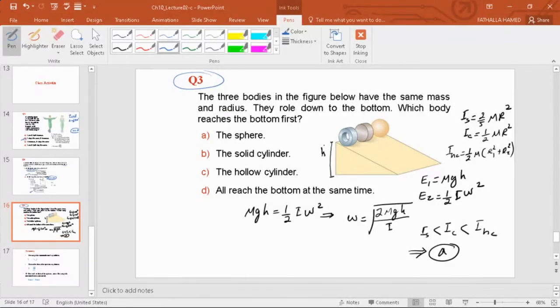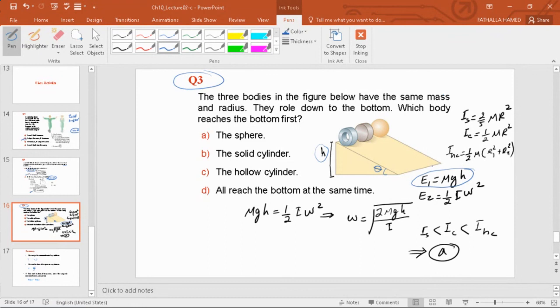Now, you know one thing: they're all coming from this incline that makes an angle theta and has a height h. So your initial energy should be kinetic plus potential, but they're starting from rest, so your kinetic is 0. The only thing in your initial energy, E1, is mgh, and it's the same for all three because all three objects have the same mass.